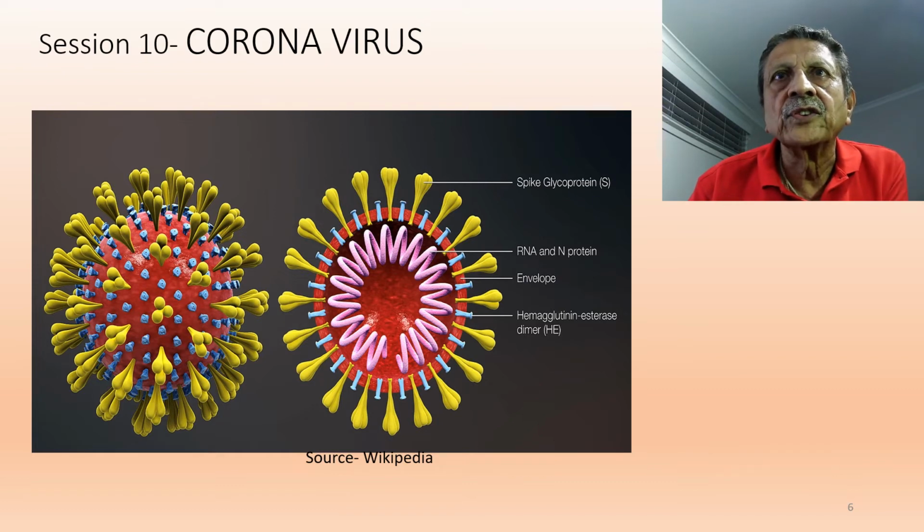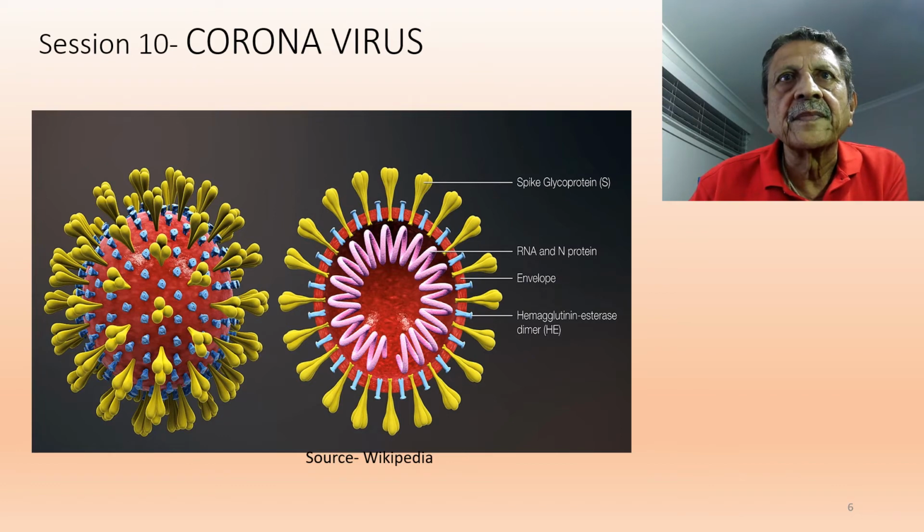If you observe the spikes, you call it a glycoprotein. The wall of the virus, which is an envelope, is also a protein, and the RNA is also a protein.